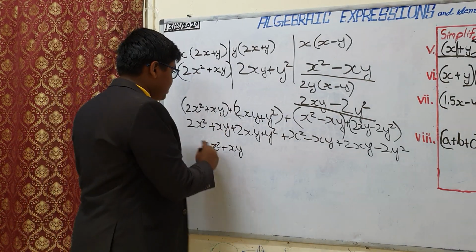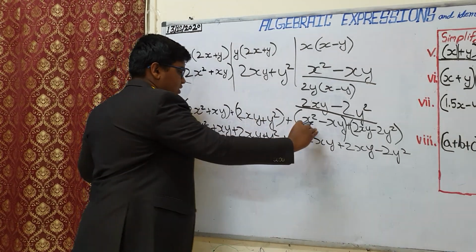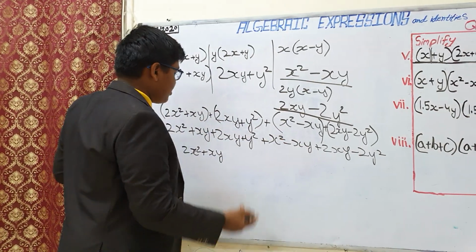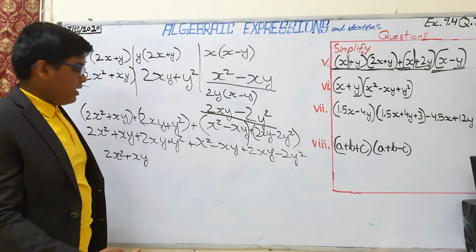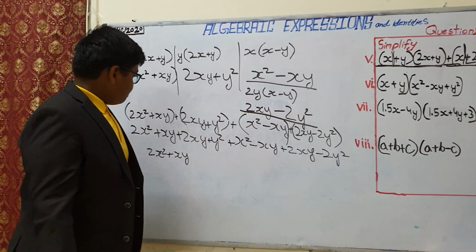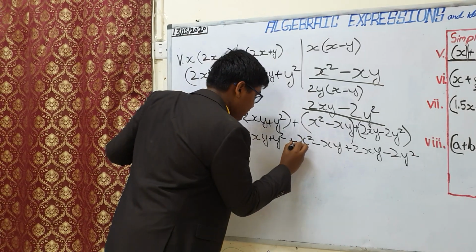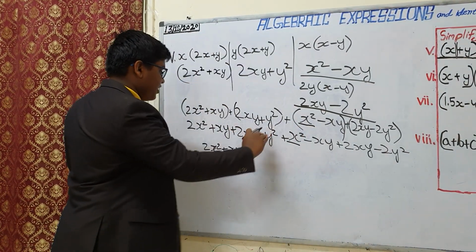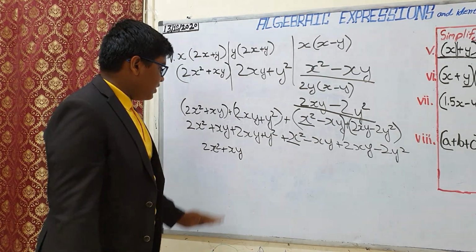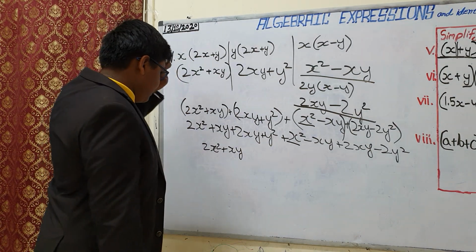Then here we have to search the like terms. What are like here? We have x squared. Now we have to search the x squared again. So we got x squared here, which is in the third bracket. So after writing this in the like terms, we will write the third bracket.